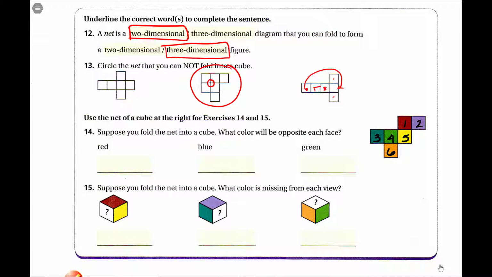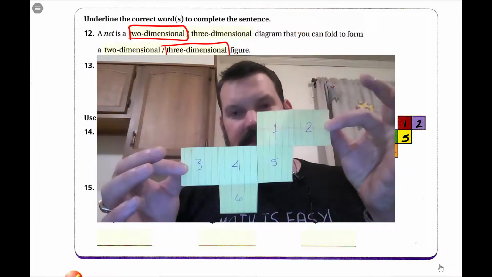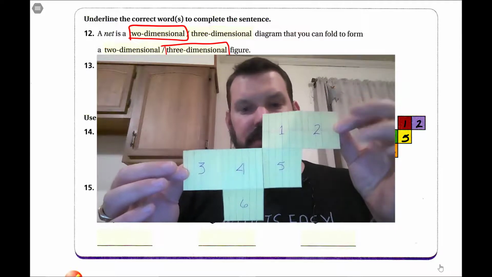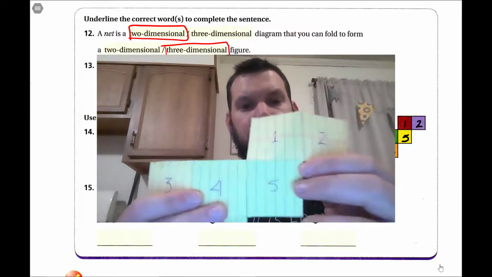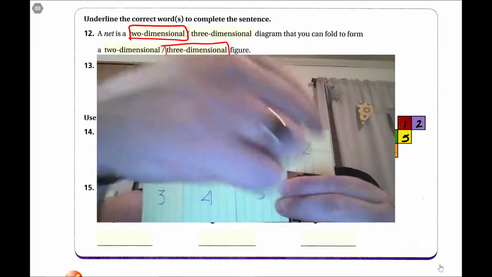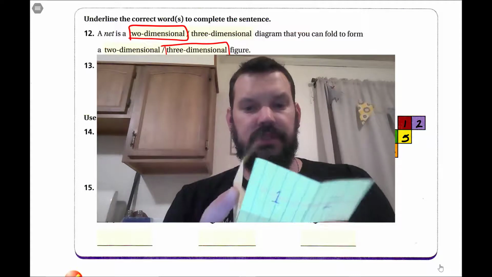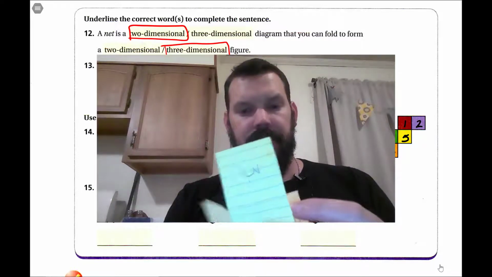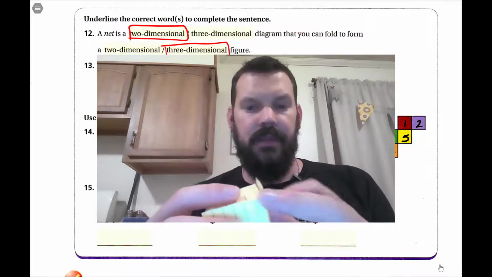So with the fancy manipulative that I have created here, this is the exact same shape as what you see on the screen. Before I fold this up, let me show you. I have these numbered 1, 2, 3, 4, 5, and 6. So when I fold this up, you can see that we have a cube now.